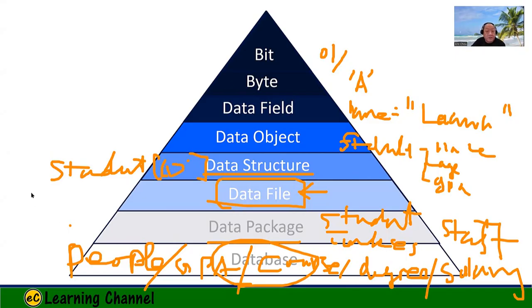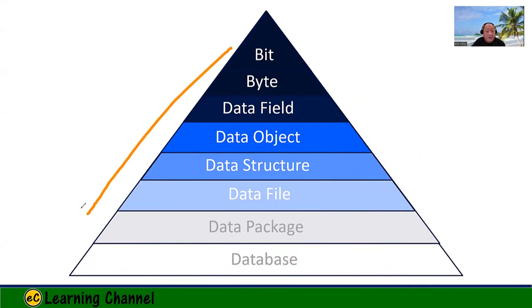So right now we are talking about data from small to big in different data organization. Is that okay so far? Yeah. Starting from a single bit to a byte, to a data field that's actually a name, to an object that's actually a student, to a data structure that may be 10 students, to a file that can store the whole school's students, to a package that includes the student, teacher, and staff.